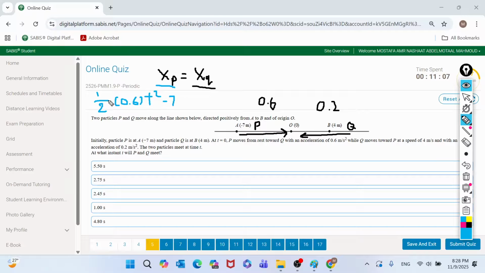Let's simplify 1 over 2 times 0.6. That's just 0.3, so the equation doesn't get too messy.